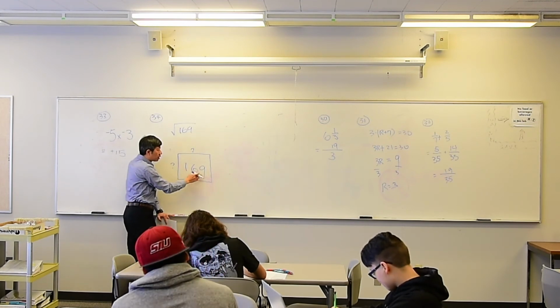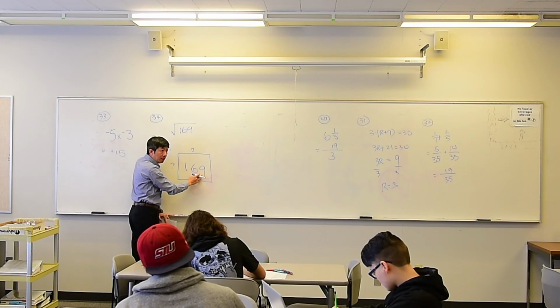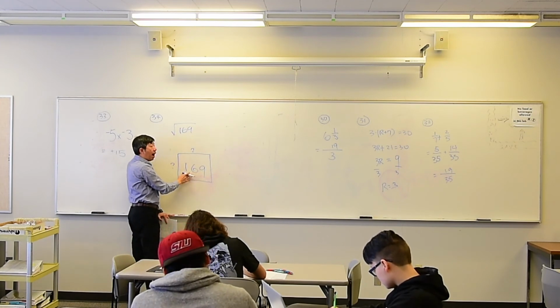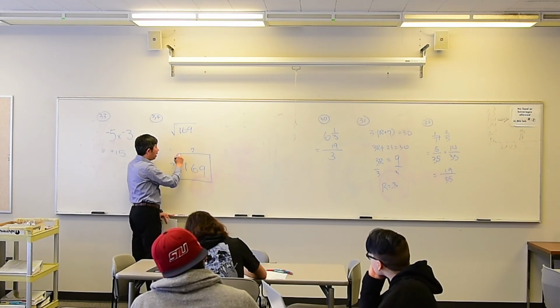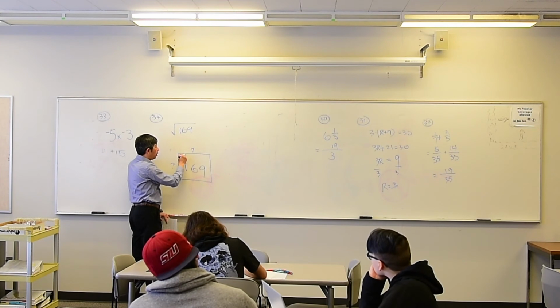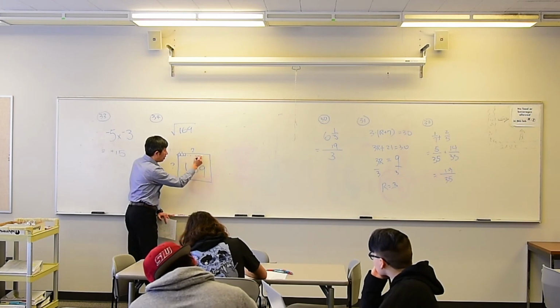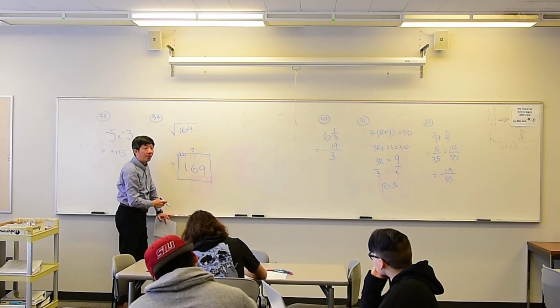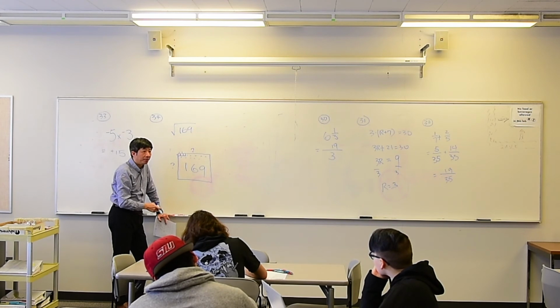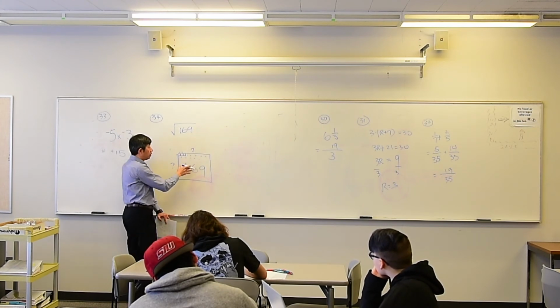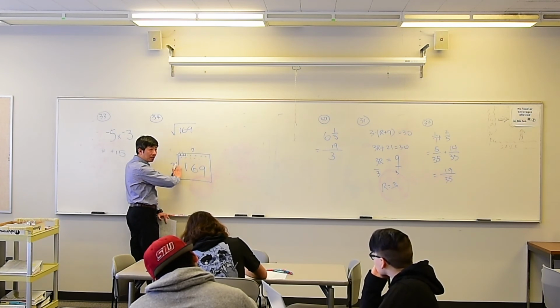Now 169, what does this mean? This means I have 169 little squares here, 1 by 1. Now, when we take a square root, that means we find what number times what number gives the lengths that multiply to each other. Does that make sense?